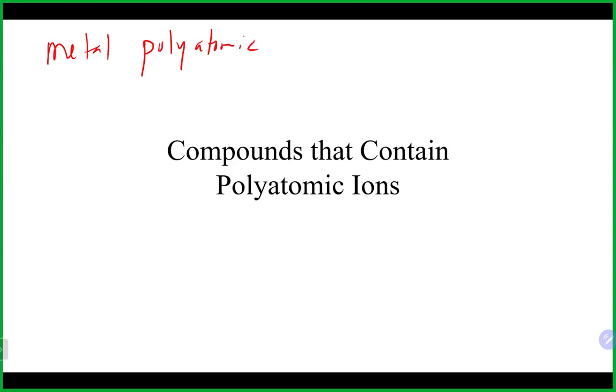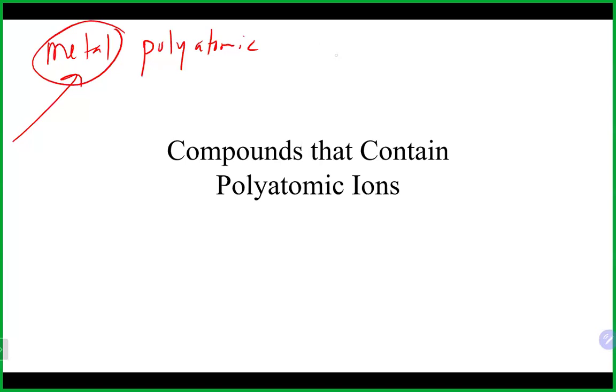And once we have that metal involved, just like we talked about earlier, that is basically where you should look. And again, here you need to decide based on the metal that's there, do you need a Roman numeral or do you not need a Roman numeral? So you sort of default back to type 1 or type 2 naming because the metal's involved. The polyatomic ion is just the name of it no matter how many you have of it.